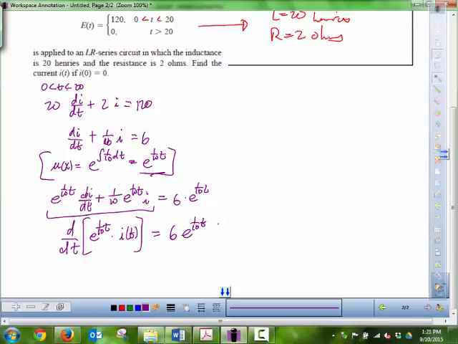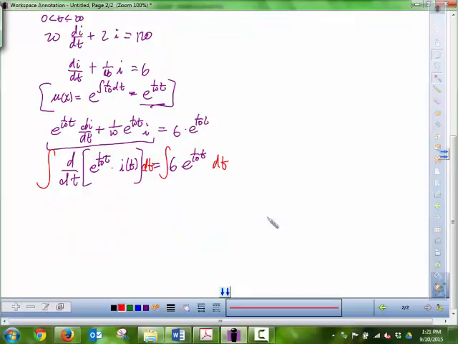And so at this point, what you want to do is integrate both sides to solve for I. That's your main goal, right? To solve for that function. So integrating a derivative is going to give you the original function, which is a product of two things.